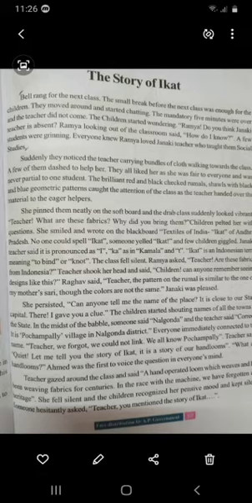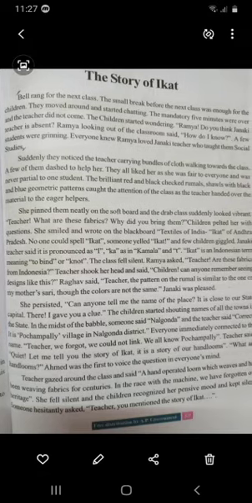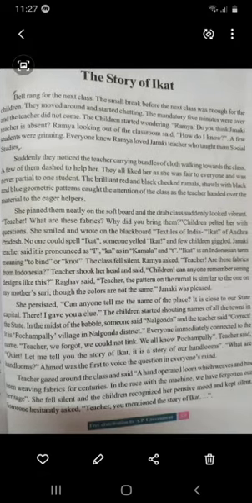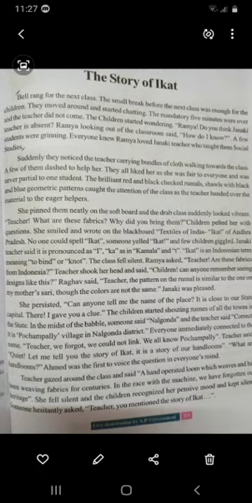The children became very active. Teacher, what are these fabrics? Why did you bring them? The children pelted her with questions. Now the children began to ask her questions.